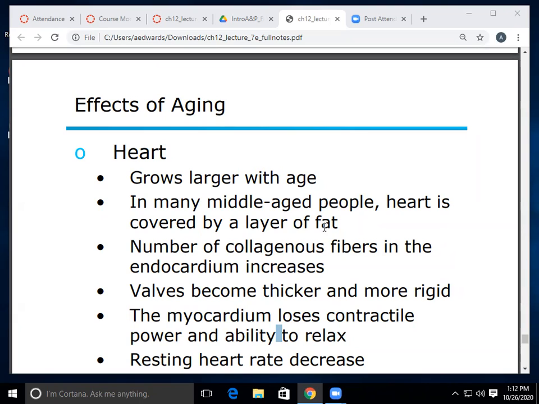Also, the amount of collagen you have in your endocardium, the inner layer, is going to increase. Your valves actually get thicker and more rigid.